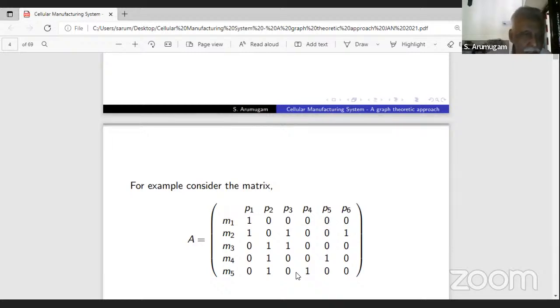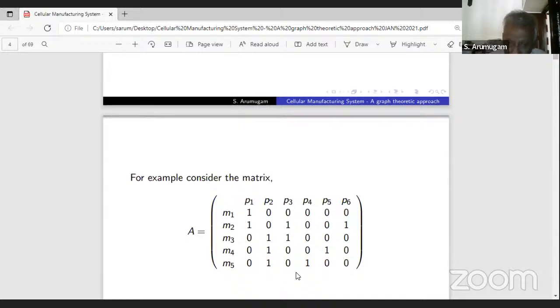As I pointed out yesterday, we have converted the problem to a graph theory problem where the input is converted to a bipartite graph with parts becoming one part, machines becoming one part, and a part joined to a machine if the corresponding entry in the matrix is 1.